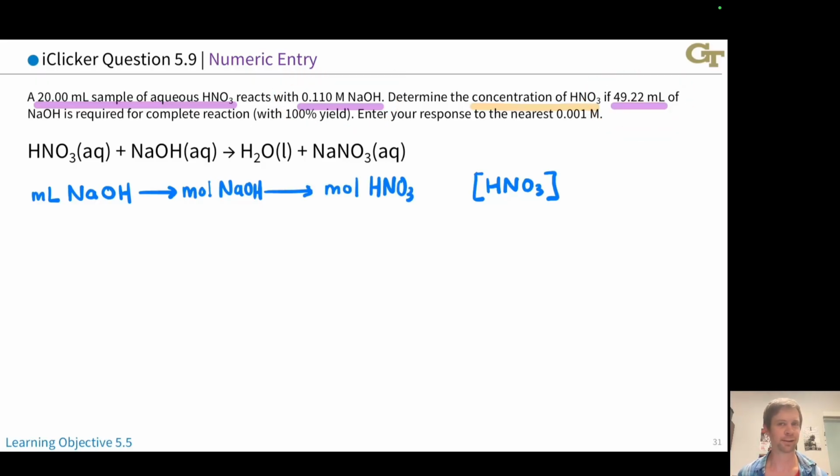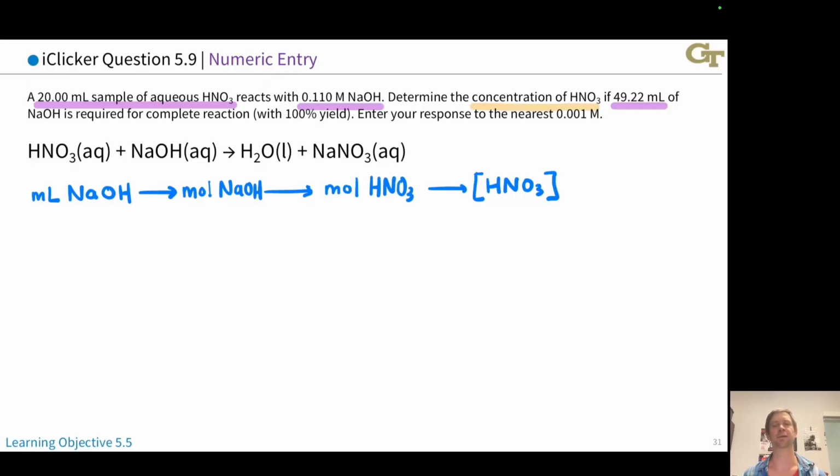And we'll see this is relatively straightforward here because of the 1-to-1 molar ratio in which these reactants combine in this situation. Now that we have the moles of HNO3 and we also know from the problem text the volume of the HNO3 solution, we have everything we need to put those together into the molarity of HNO3, and we've done it. We have journeyed from the volume of NaOH to the molarity of HNO3.